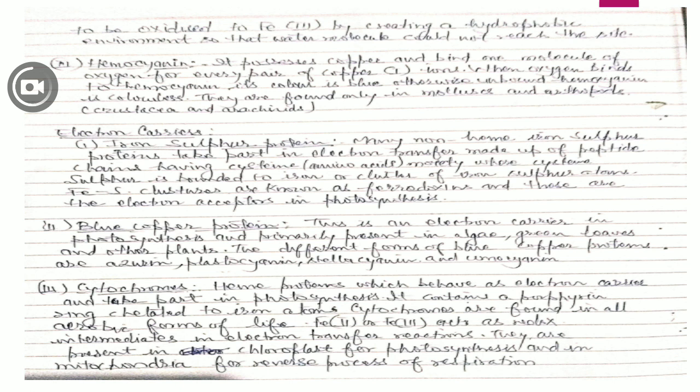So when the complex is formed, the blue color of copper appears. They are found only in mollusks and arthropods, crustacea or arachnids.